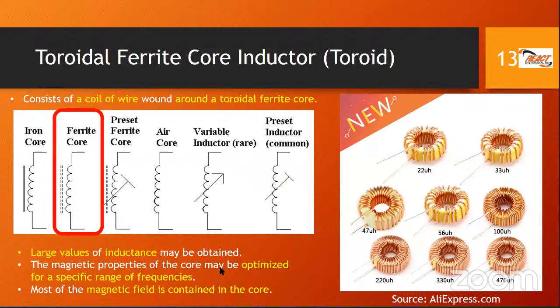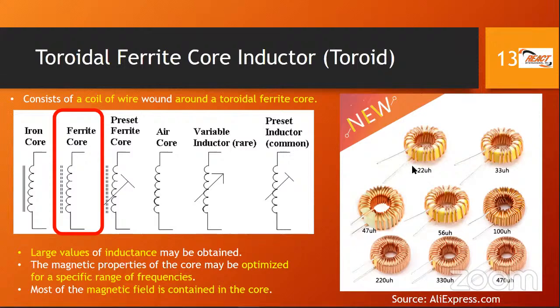The magnetic properties of the core may be optimized for a specific frequency range. Remember, we are using these things in radio circuits. So you may have a radio circuit for a particular part of the spectrum that you want to use it for, and therefore you optimize it for that value. Notice that it's telling us that most of the magnetic field is contained in the core of the toroid. So again, these are points that you will find in the exam, and that's why we have put them here. And these are specific to toroids, or the toroidal ferrite core inductor.